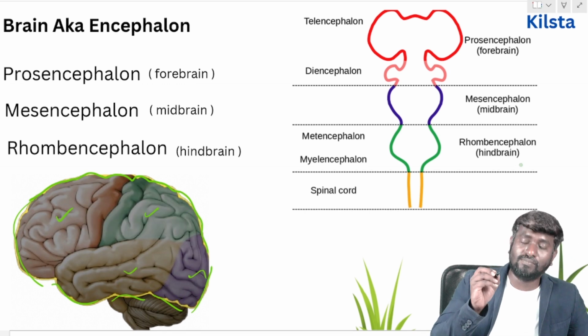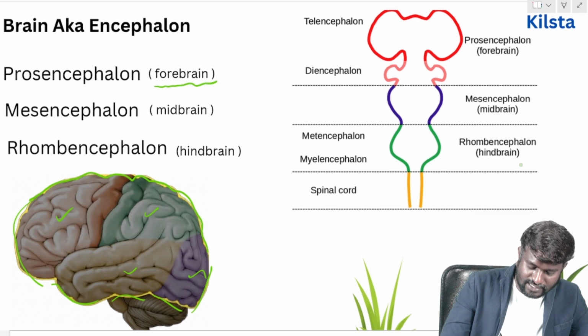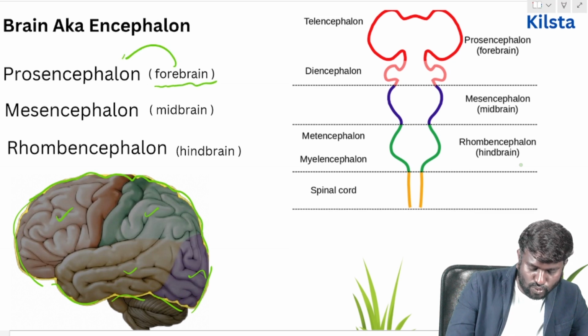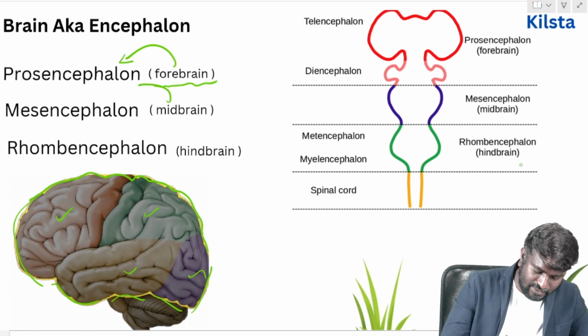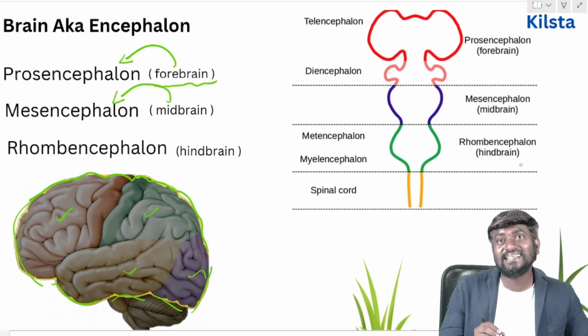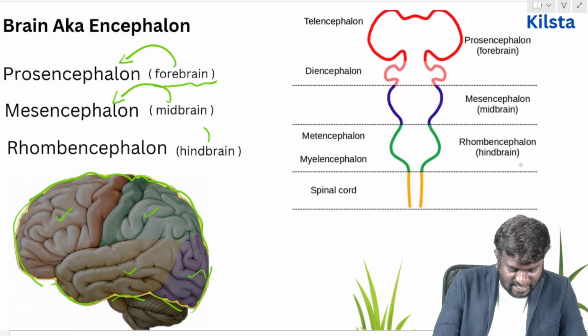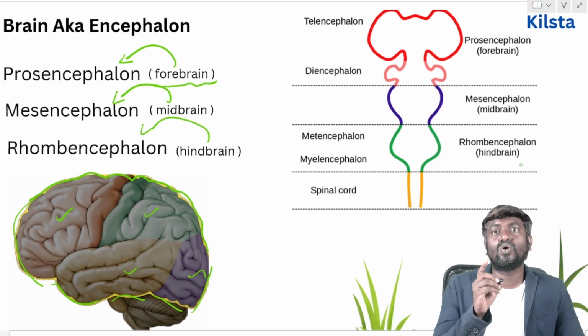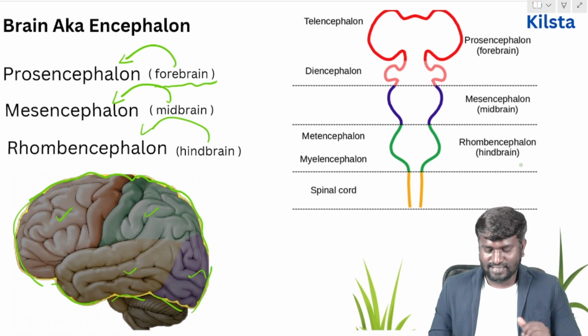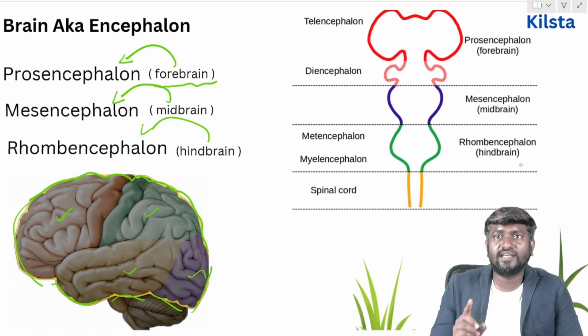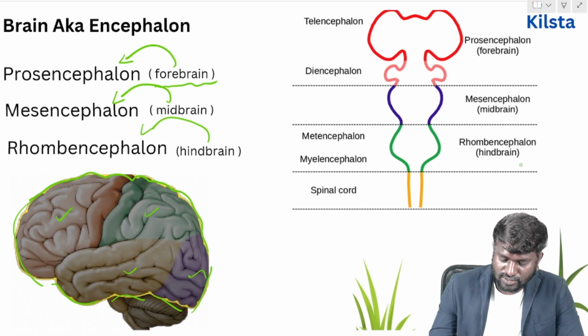Remember, the forebrain is also called the prosencephalon. The midbrain is called the mesencephalon, and the hindbrain is called the rhombencephalon. Now, it is very important for us to know the locations.